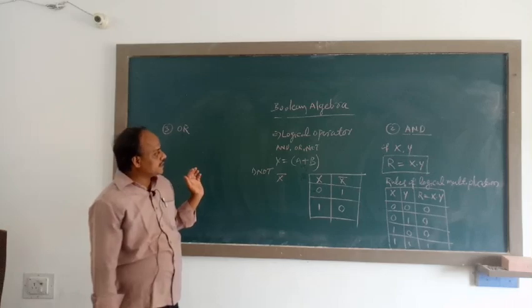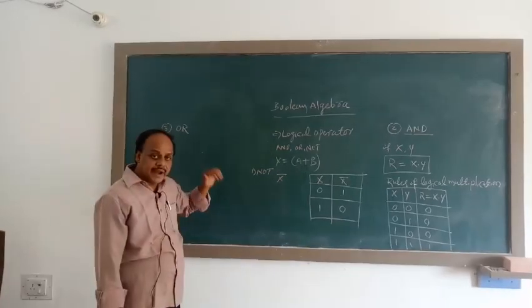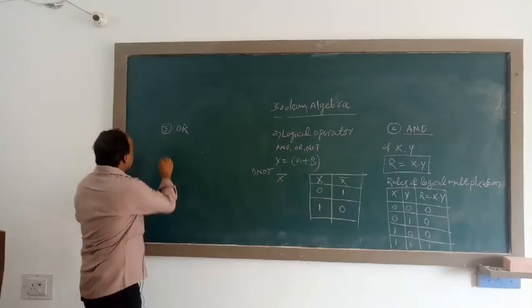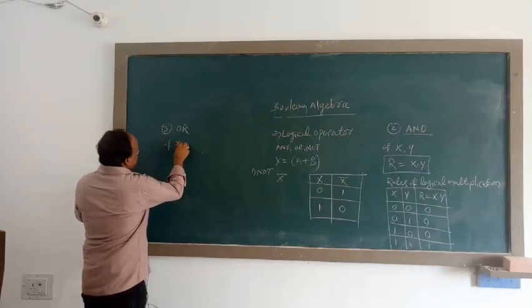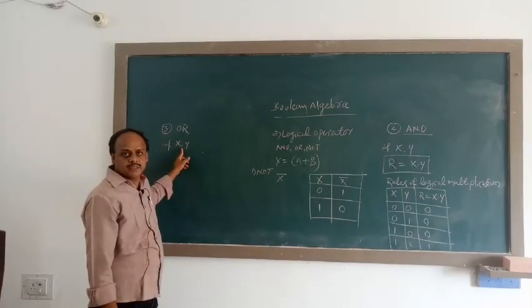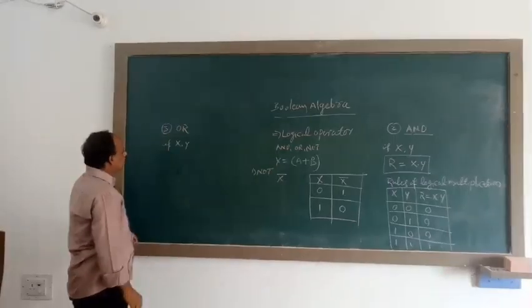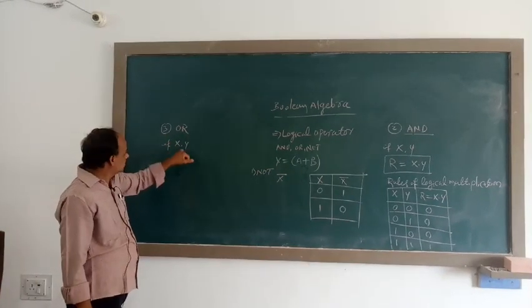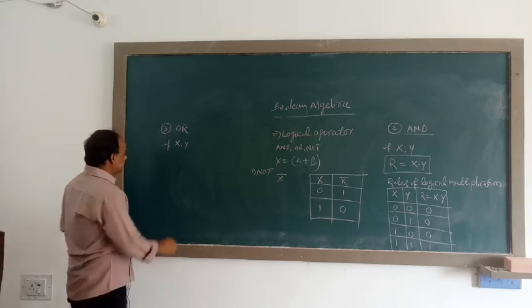It is considered as logical addition on given two variables. For example, if x, y are the given Boolean variables, let us see the OR operation on given x and y variables.